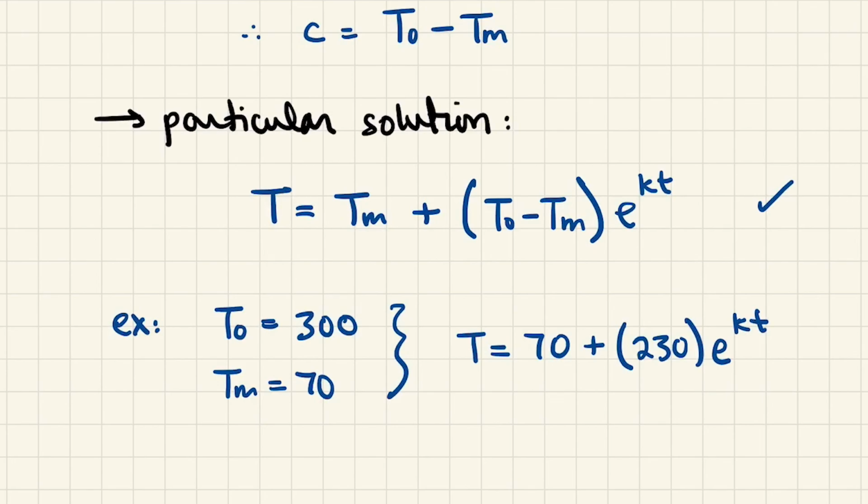Now you'd still need to figure out what little k is, which depends, of course, on the substance of the body that's involved and how much of it is exposed to the ambient space, depending on its geometry, what it's made out of, etc. But this would be the model describing the temperature of that object at time t.